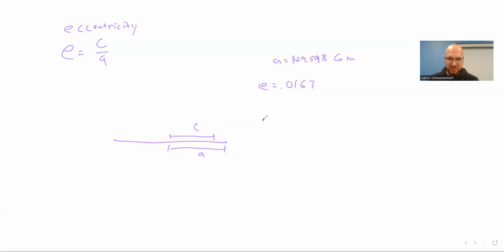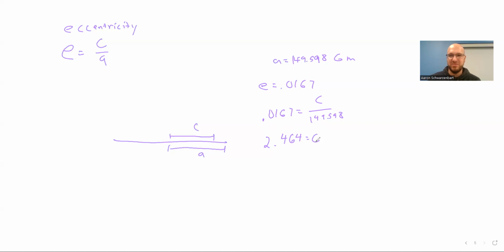We're going to actually have to calculate 0.0167 equals C over A. We're going to have to calculate C first. And we get this for C. What does that indicate?